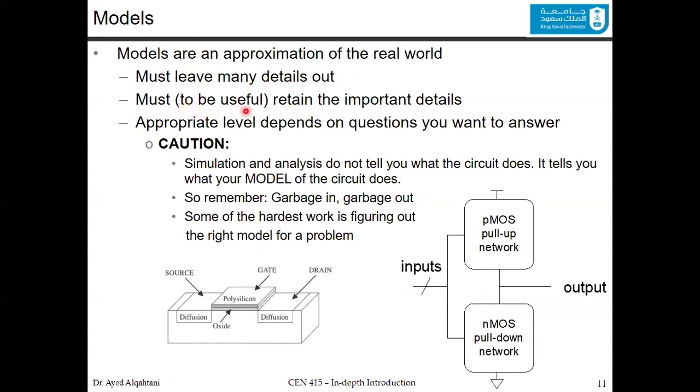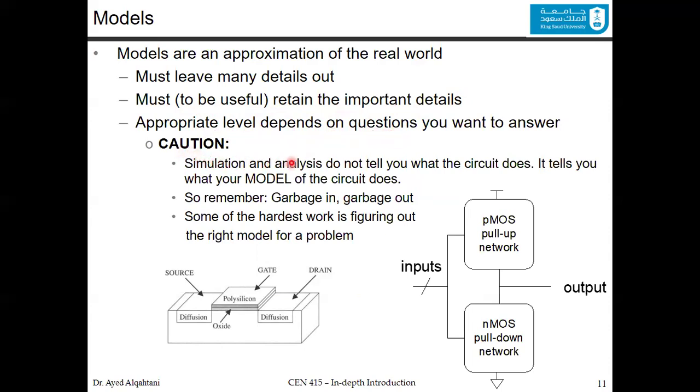It must retain only the important facts or details, which is basically the abstraction. The appropriate level depends on the questions you want to answer, and you need to be cautious here.